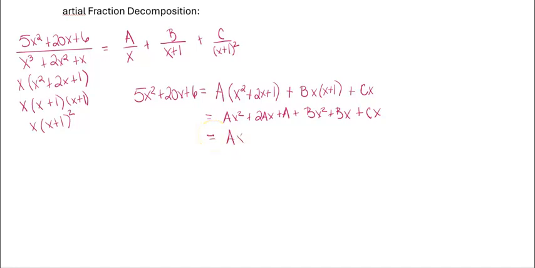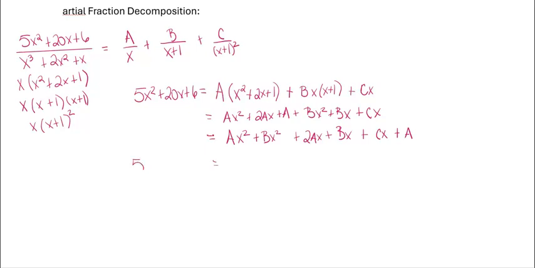So I'll have an Ax squared plus Bx squared, and then I'm going to have 2Ax plus Bx plus Cx, sorry, and then plus A. So I've collected all my like terms together, and now I'm going to factor them.